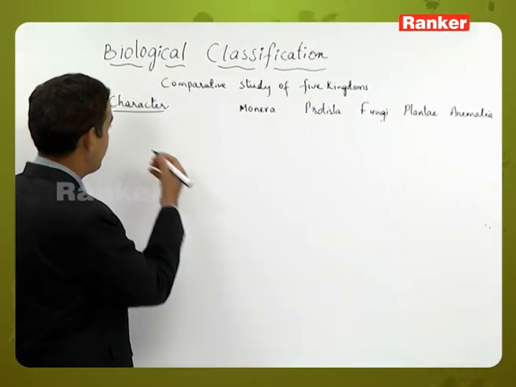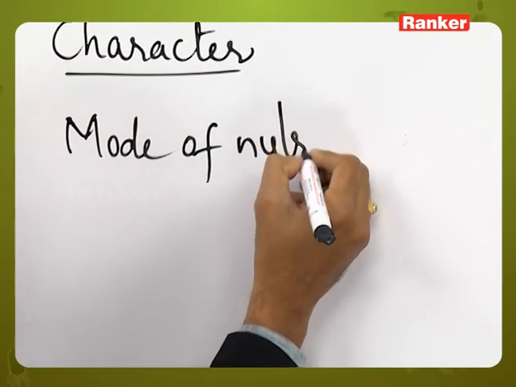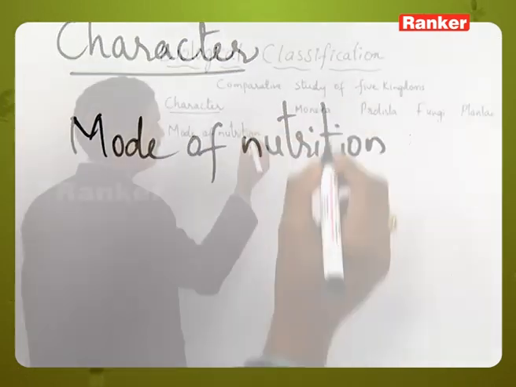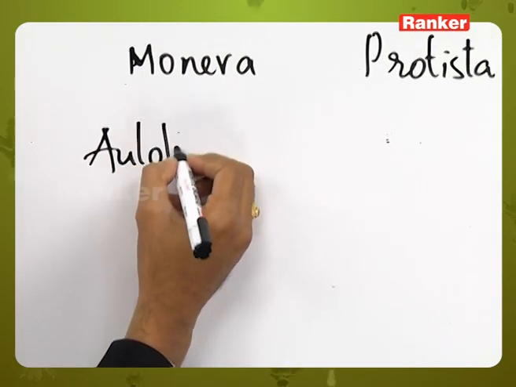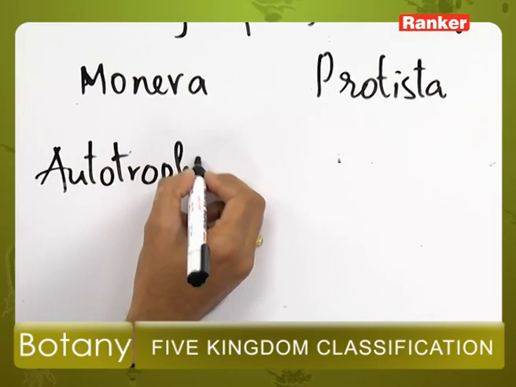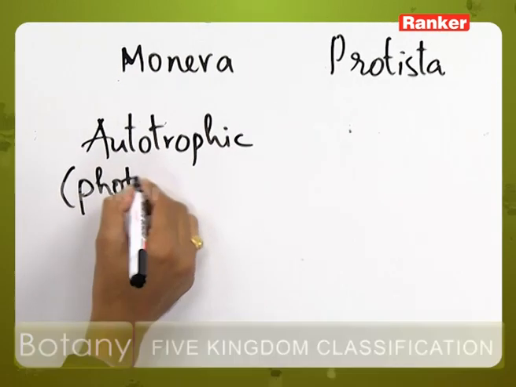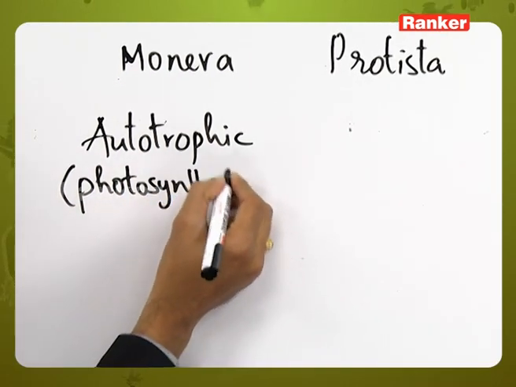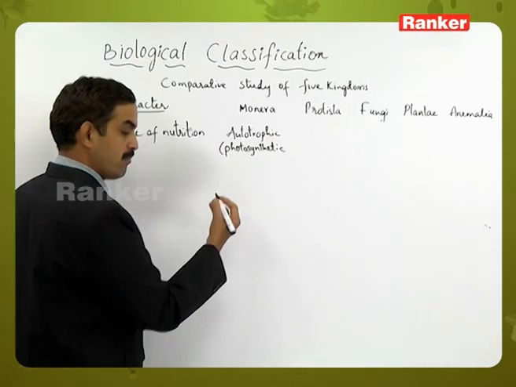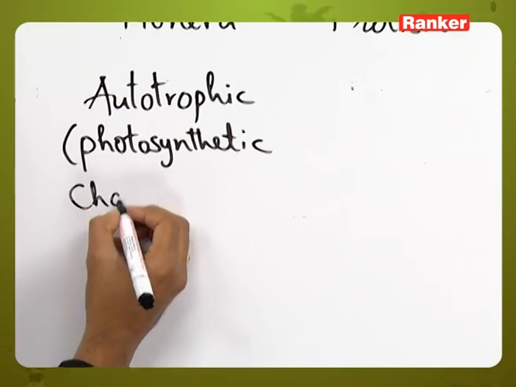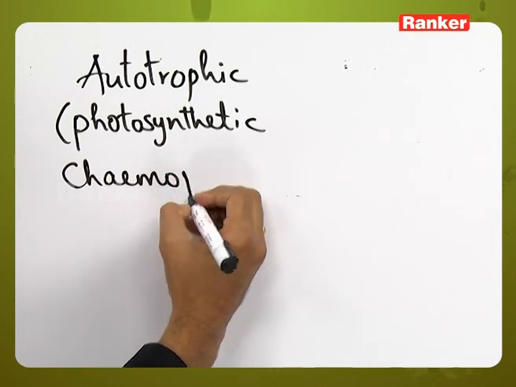Next characteristic feature is the mode of nutrition. Here Monera are mostly autotrophic. Some may perform photosynthesis, that is photosynthetic, and at the same time some are chemosynthetic, or chemoautotrophic.